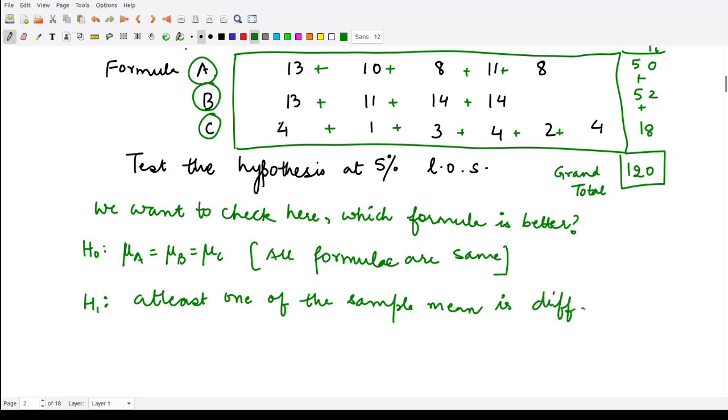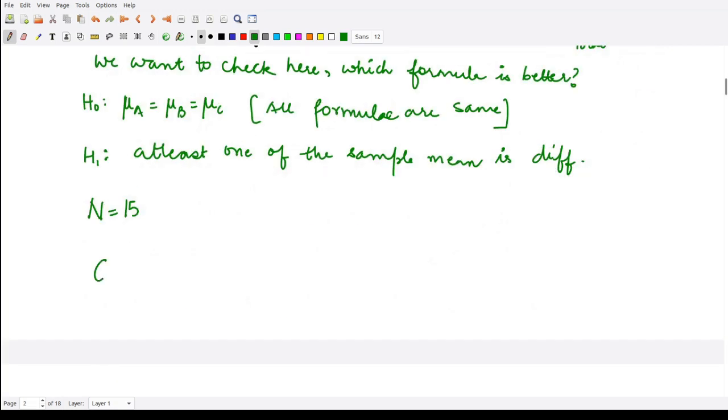Right? And here we have n equal to 15. The correction term C is calculated as G square divided by n. What is G? G is your grand total.